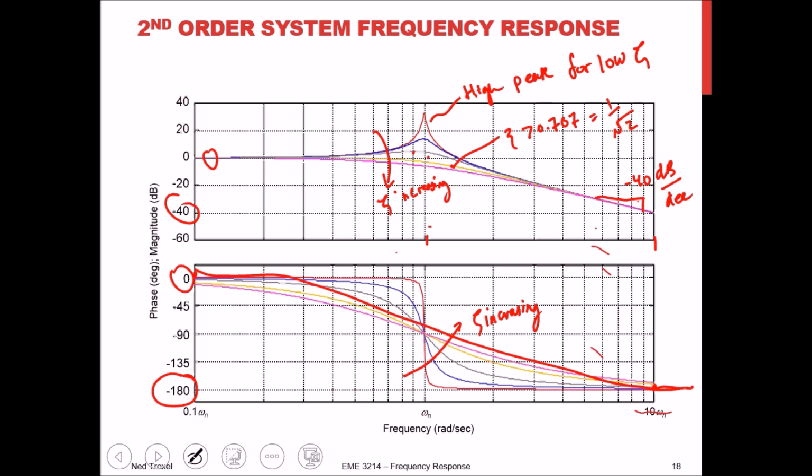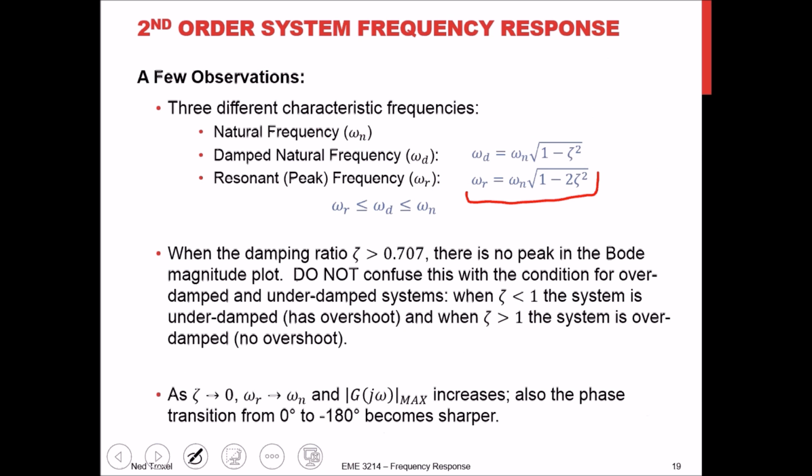Okay, there will be more overshoot for the smaller zeta. Okay, but all will exhibit overshoot. Okay, between 0.7 and 1, you still have overshoot. Okay, you still have an underdamped system. The only difference is you will not have a resonant effect. Okay. The magnitude will always be decreasing as you increase frequency, just like a first order system.